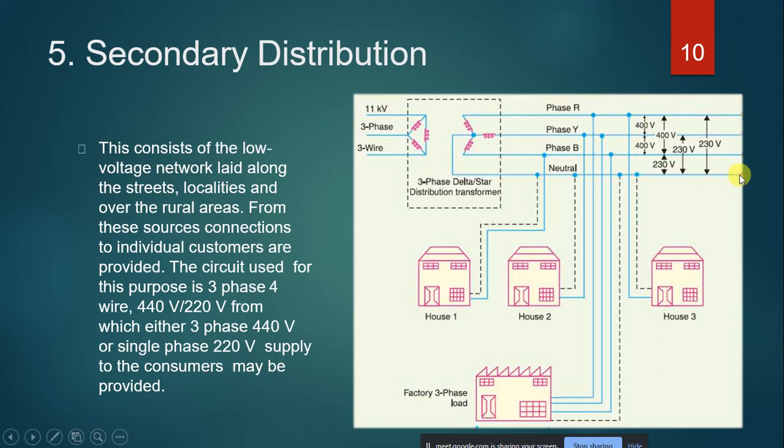This is called the overhead transmission system. On roads you can see three wires and one top wire going on top of the pole. That is called the neutral. One neutral and three phases. Household requirement is basically 230 to 240 volts. This distribution is called secondary distribution.